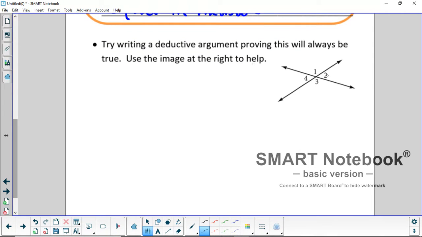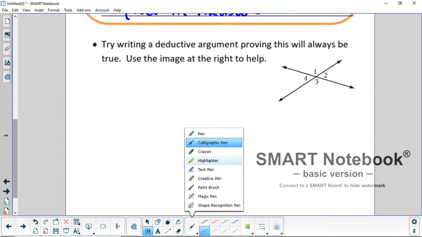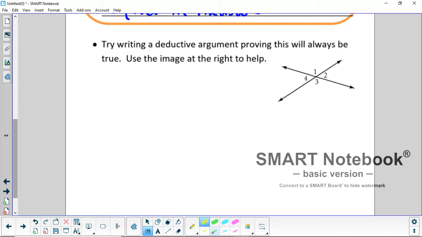Okay, in order to prove that this is correct, I can't use specific numbers because that would only be proving that one example. However, I do want to use the linear pair conjecture. Remember, the linear pair conjecture states that if we have a linear pair of angles, such as angles 1 and 2 here, they add up to 180 degrees.